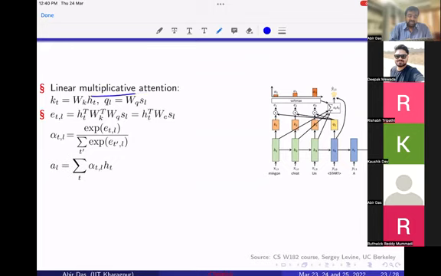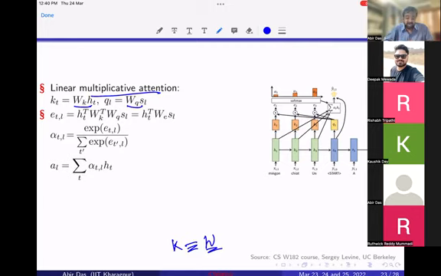So, linear multiplicative attention. What we mean by this is that the K function is just a multiplication by a matrix. So you are linearly combining all these HT's elements. It is just WK into HT. WK is a matrix, WQ is another matrix, and you are getting the QL from SL using that.